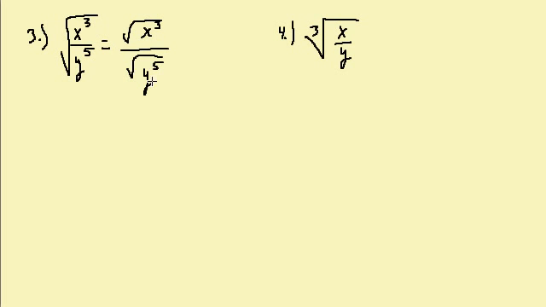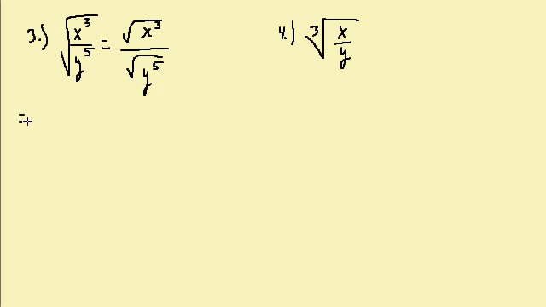Now I'm going to simplify the numerator and denominator. See, x cubed has a perfect square in it, and y to the 5th has a perfect square in it. If you need to see how to simplify the square root of x cubed and the square root of y to the 5th, you can watch the second video, where I go over that.